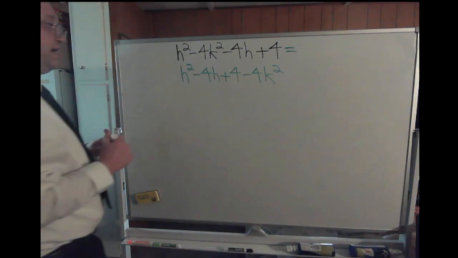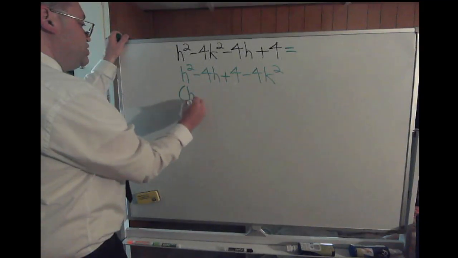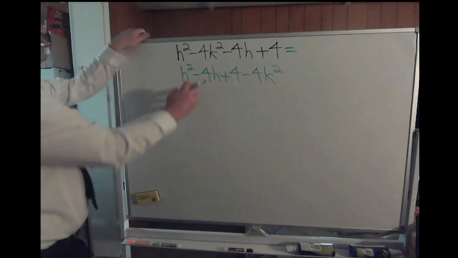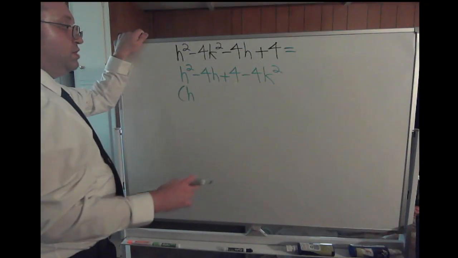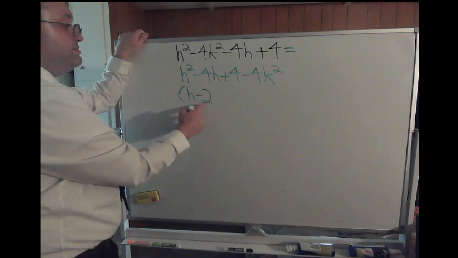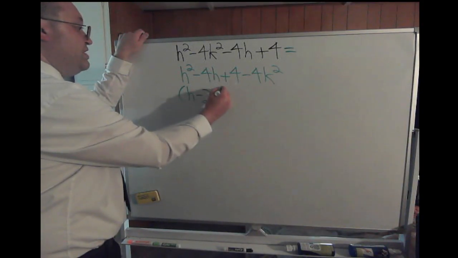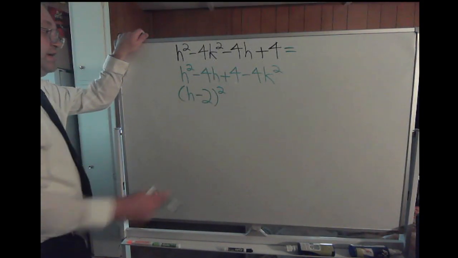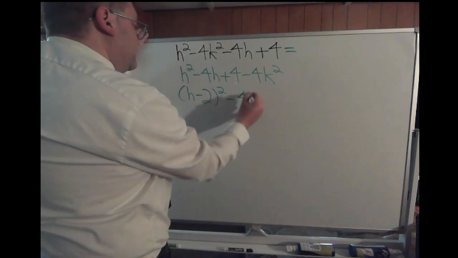The square root of h squared is h. You have a negative sign in the middle, so you're going to want a negative root of 4, which would be negative 2. Now if you take 2 times negative 2 times h, you get negative 4h. So this is a binomial square. You now have h minus 2 to the second, that quantity minus 4k squared.